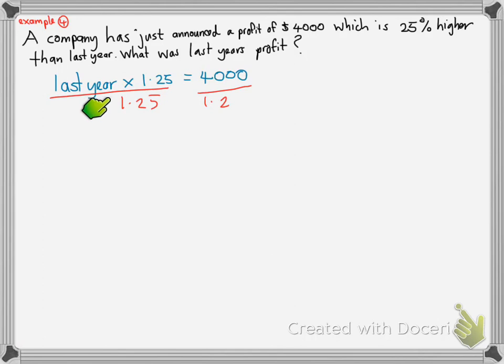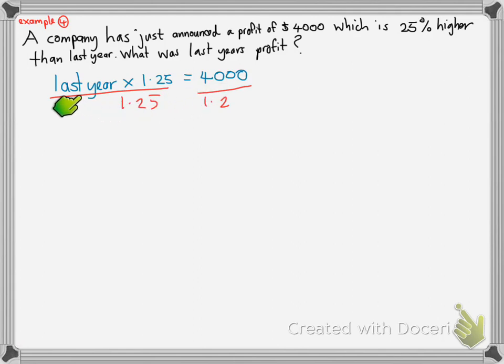So essentially, when we multiply a number by 1, it doesn't change, because that's 100%. 1 is the same as 100%. But because the profit is increased by 25%, we need to multiply by the additional 0.25. So last year's profit, if we multiplied it by 1.25, that would give us this year's profit, which represents the 25% increase.